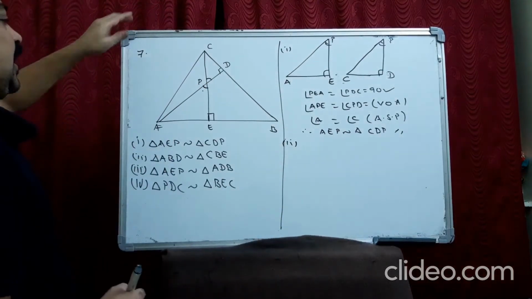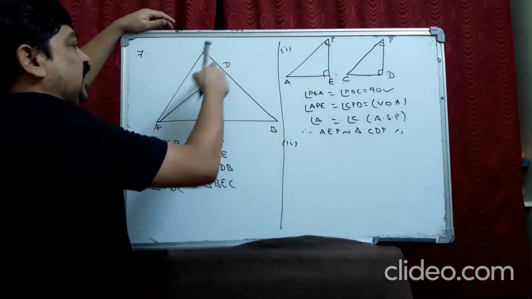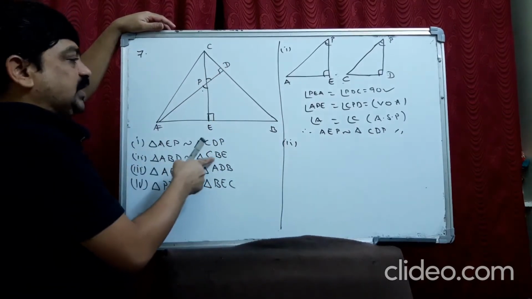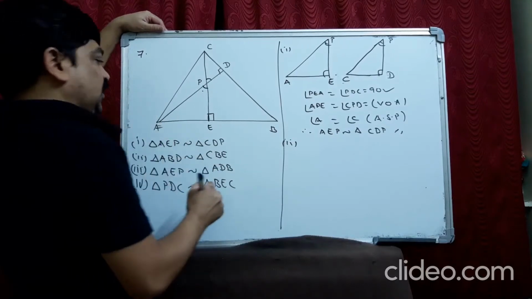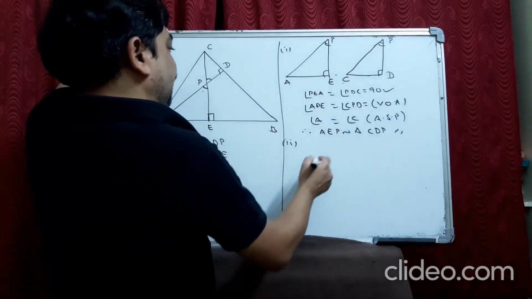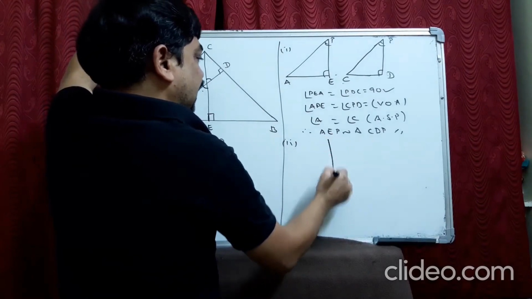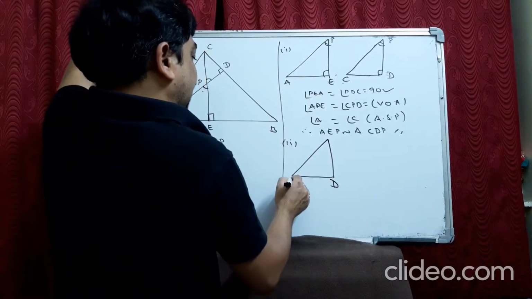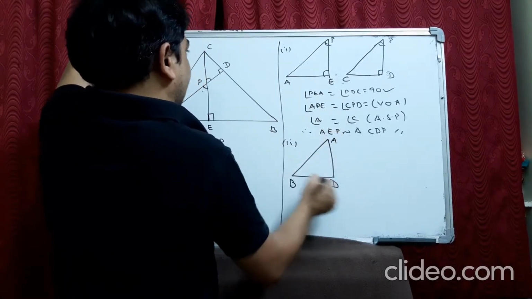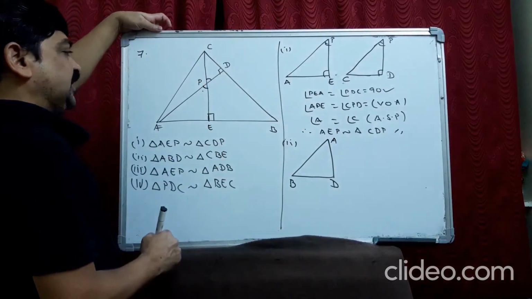What is the second one? ABD and CBE. ABD is also a right angle triangle, and also CBE. And in both, angle B is common. So I draw ABD. I take a right angle triangle at D, and I take B here. So ABD, and the other one is CBE.